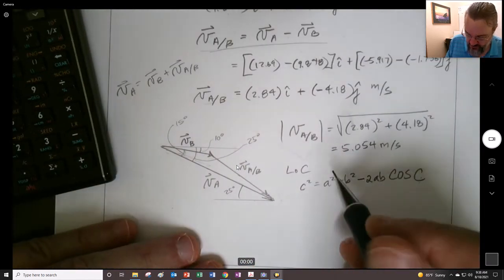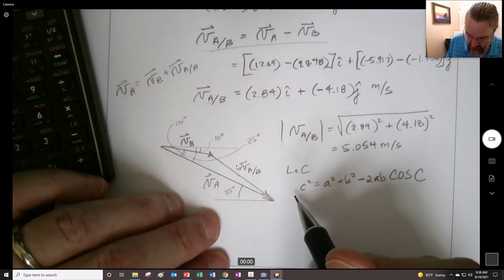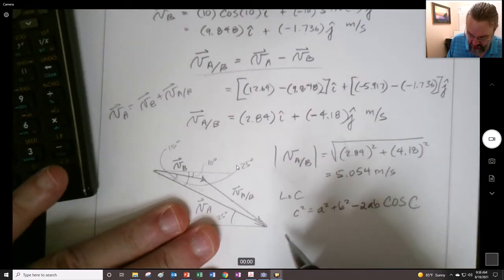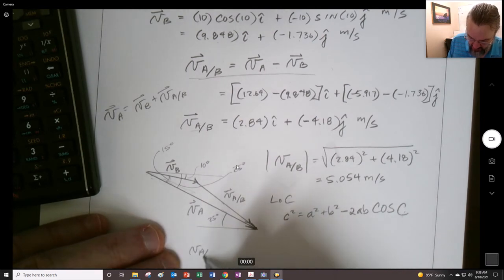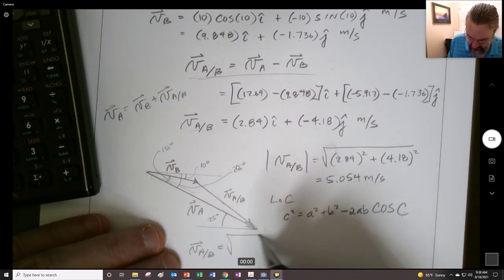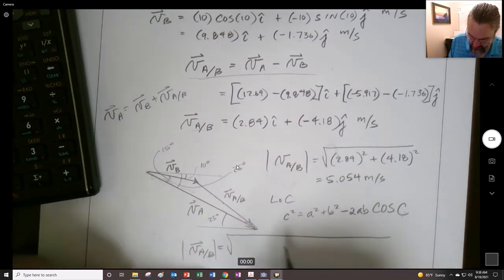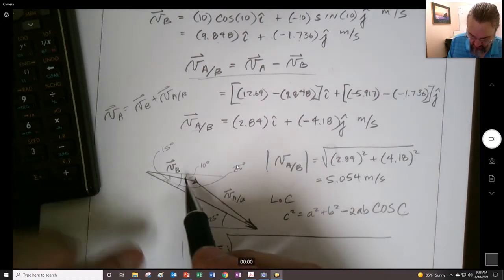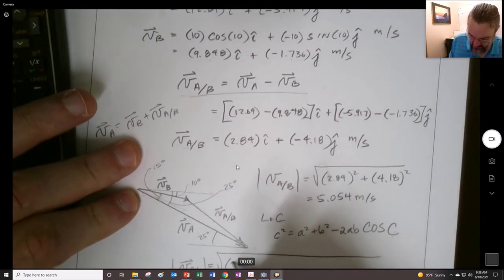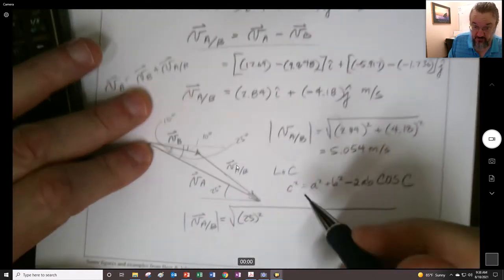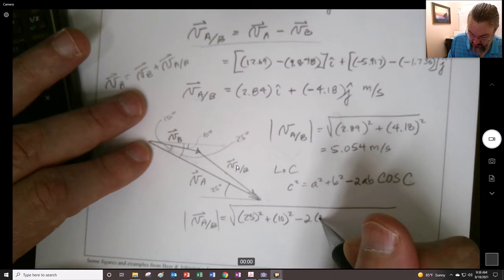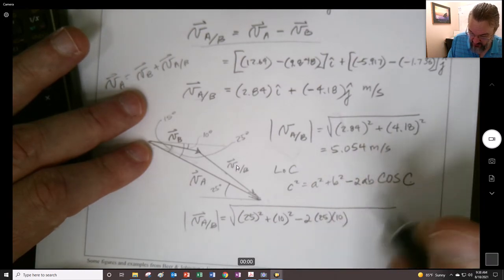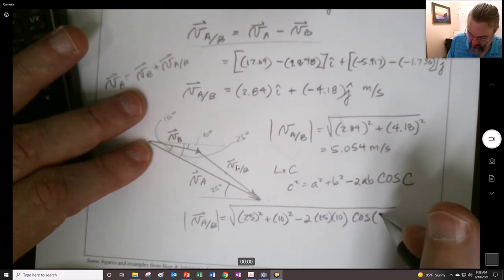So for this, we could say that V A with respect to B, the magnitude of that, is going to be the square root of, let's say, 25 squared plus 10 squared minus 2 times 25 times 10 times the cosine of 15 degrees.